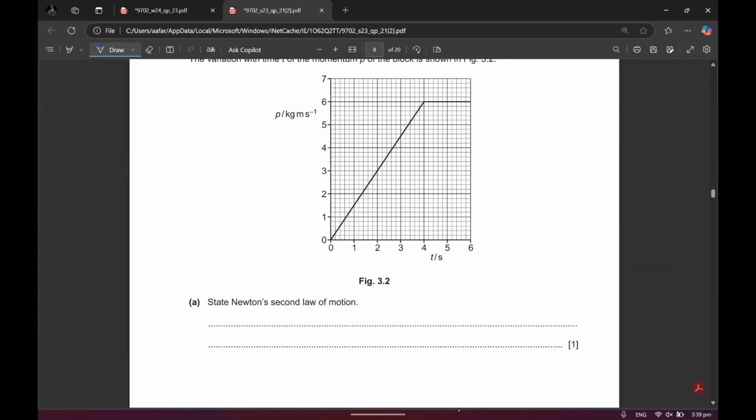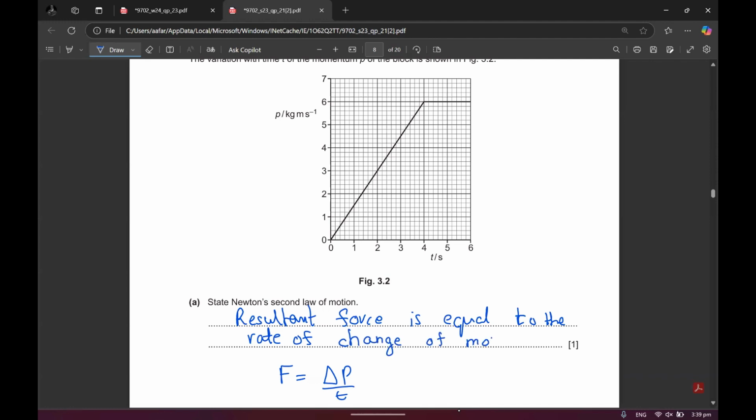State Newton's second law of motion. Newton's second law of motion is that the resultant force is proportional to, basically the resultant force is equal to, the rate of change of momentum.